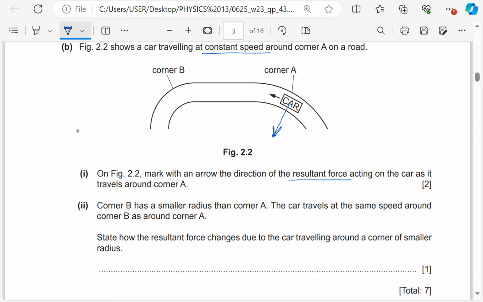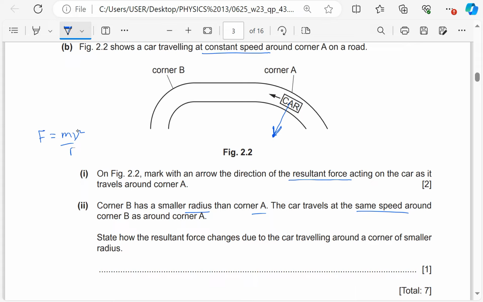Corner B has a smaller radius than corner A. The car travels at the same speed around corner B as around corner A. State how the resultant force changes due to the car traveling around a corner of smaller radius. Of course, for those who are good at physics, remember this force is equal to mv squared over r, even though you are not supposed to use this equation.